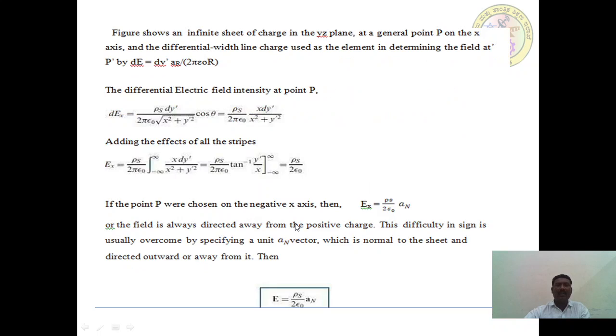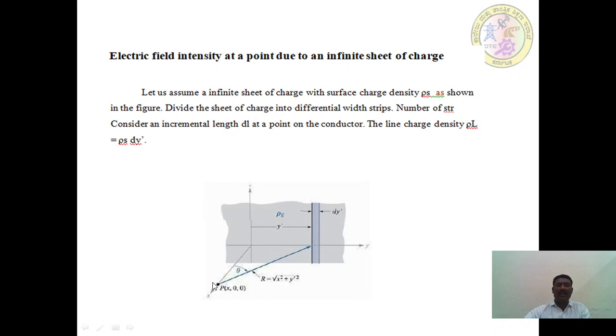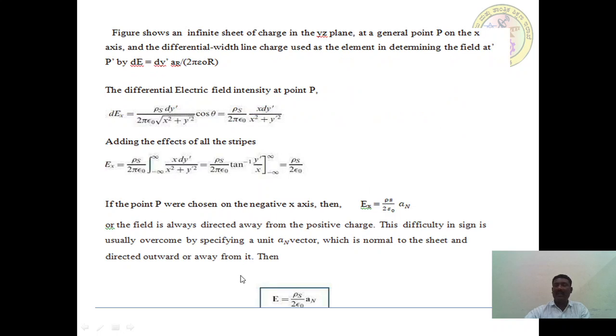Then we are finding the value of dx, because only in x direction value is existing, in y direction and z direction value not existing. Then you can obtain the value. Finally you can have E is equal to rho s divided by 2 epsilon naught an. This is the formula.